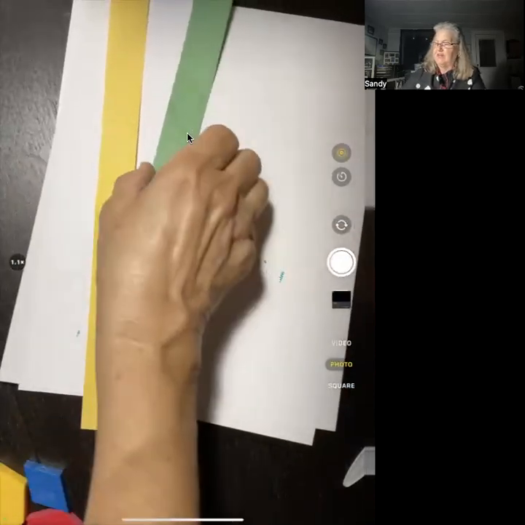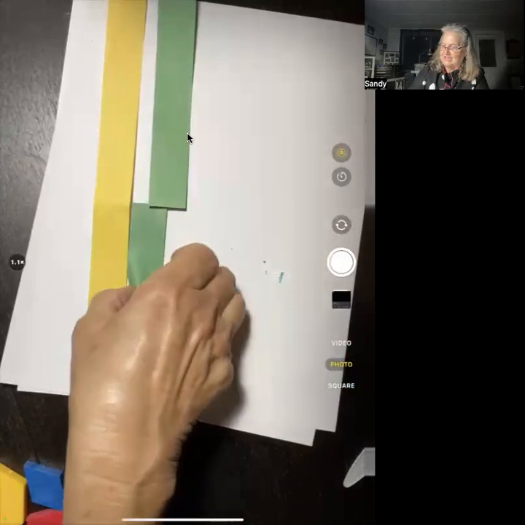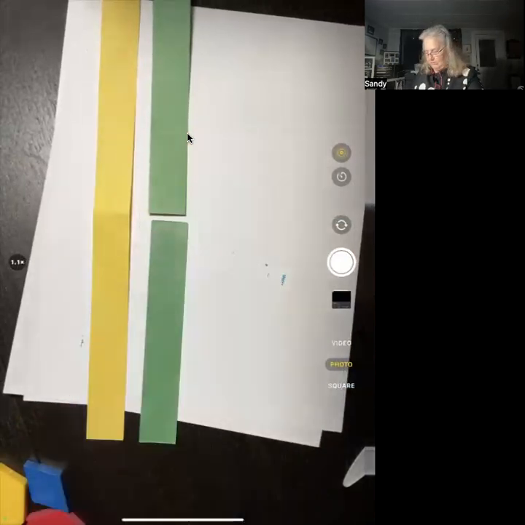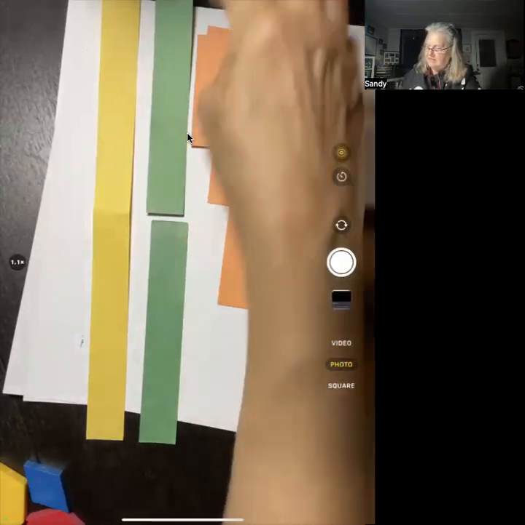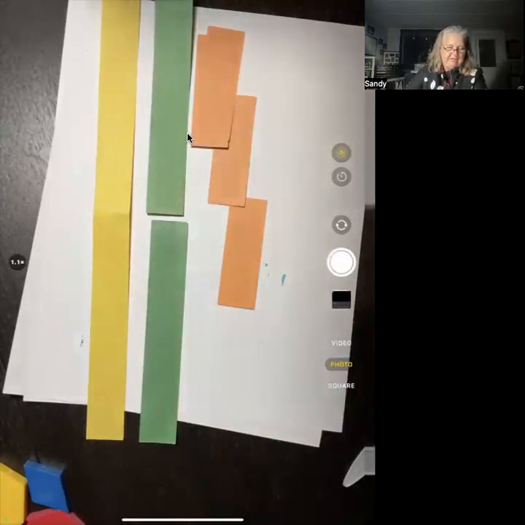We try to be very purposeful in how we use them, very mindful of the mathematics that's being learned with these. So I might go from a whole to 2 equal pieces to 4 equal pieces, right? And then to 8 equal pieces.